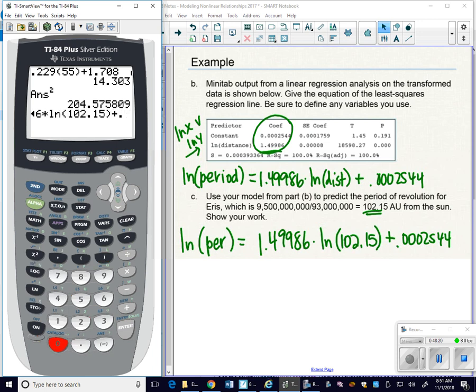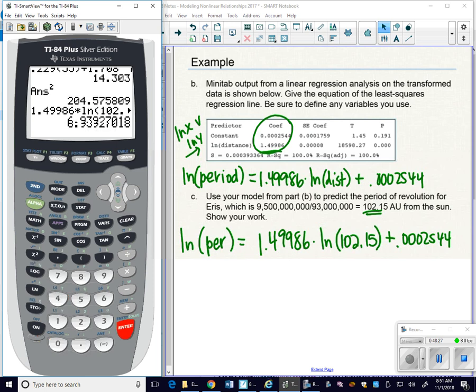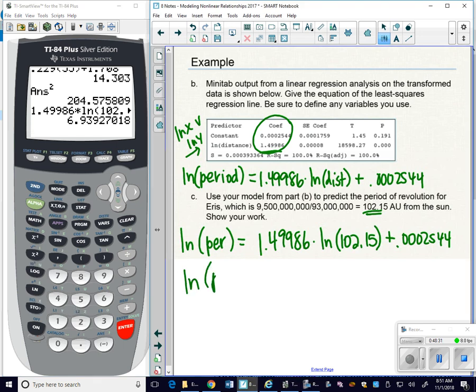So I have the natural log of the period is equal to 6.939.